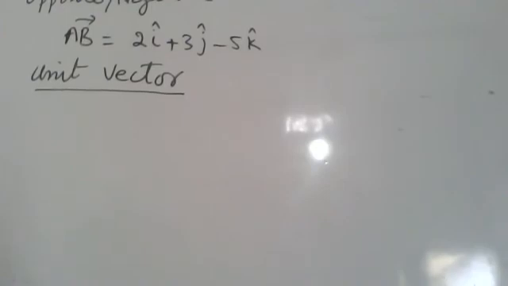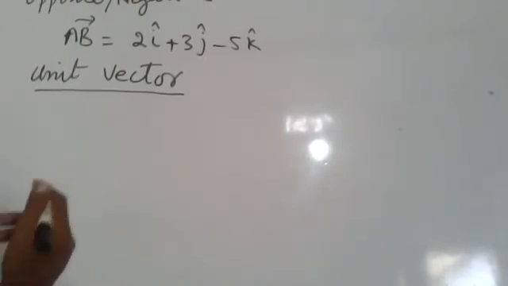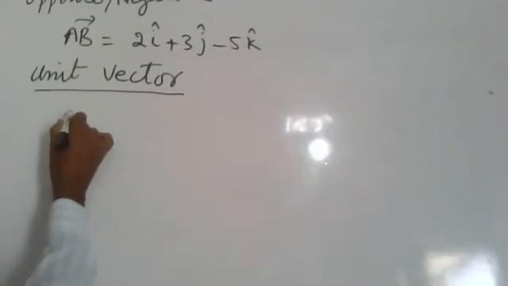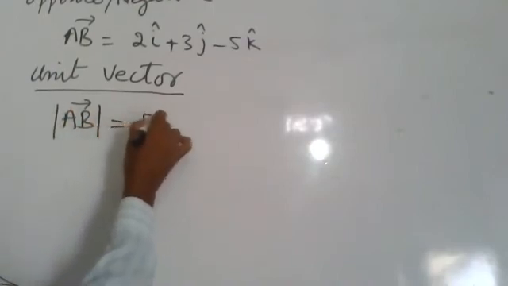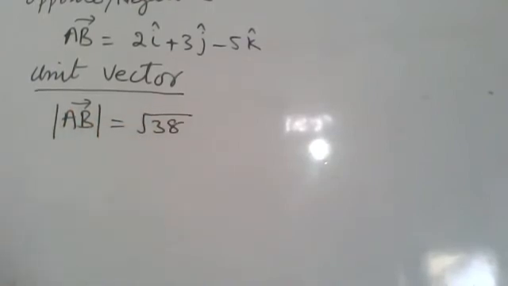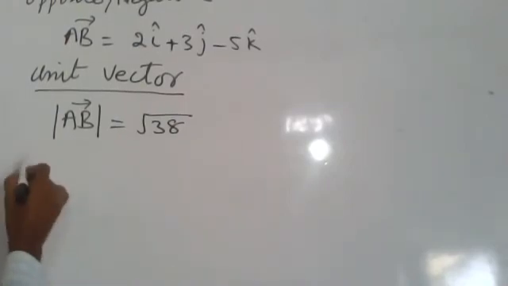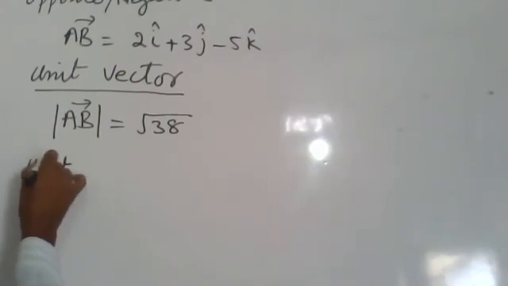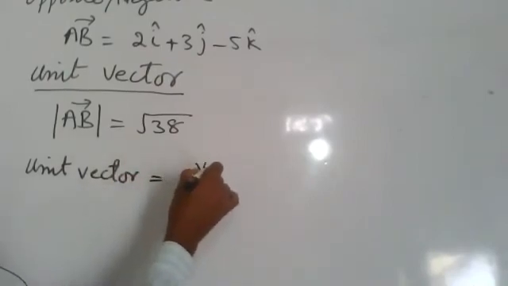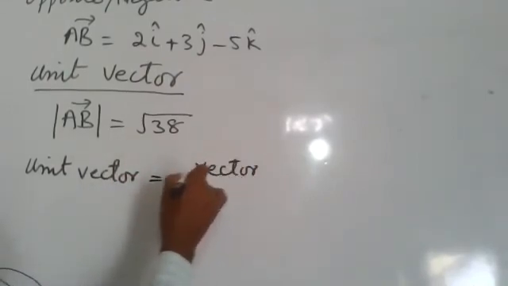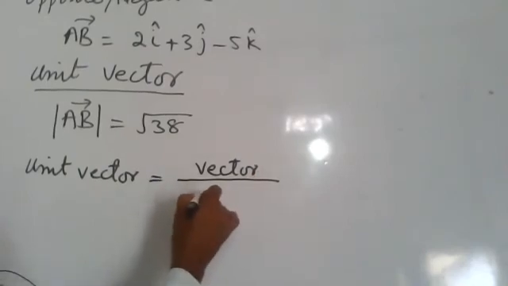So we will find the magnitude of the given vector AB. The magnitude we already found, that is under root 38. After that, we will find the unit vector: the vector itself divided by the magnitude.